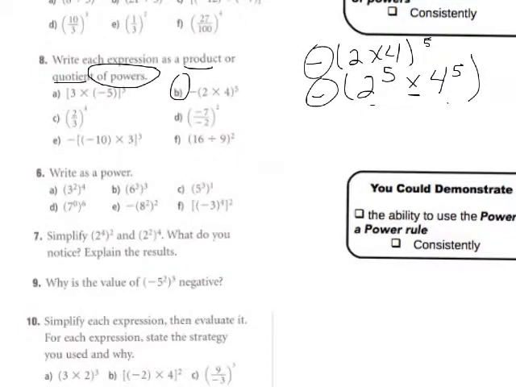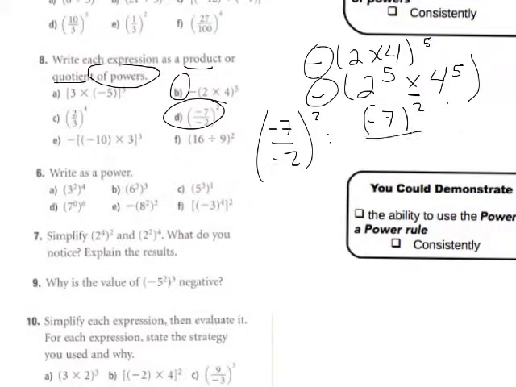I'm not going to even touch that negative. If they wanted it to be standard form, I would do the brackets first, and then I would apply the negative afterwards. They don't, so we're just leaving it. And then we can do this one. Negative 7 divided by negative 2, all raised to the power of 2, is going to be, again, I would throw some brackets in here.